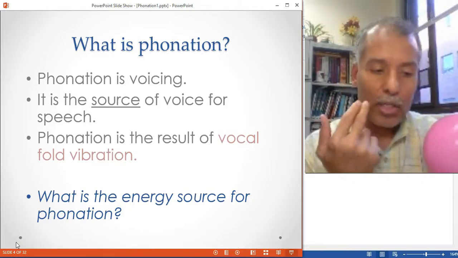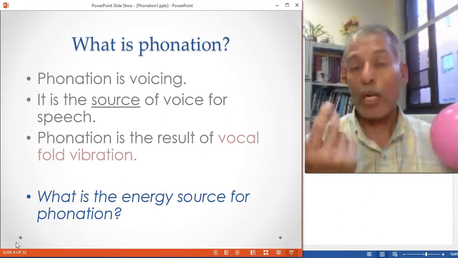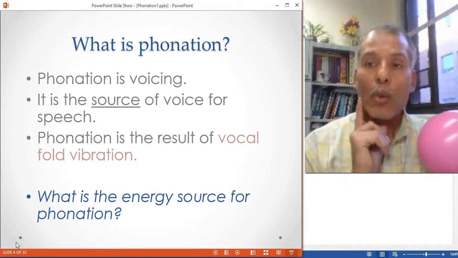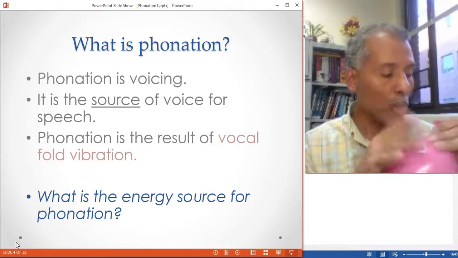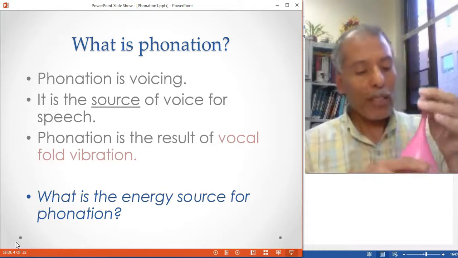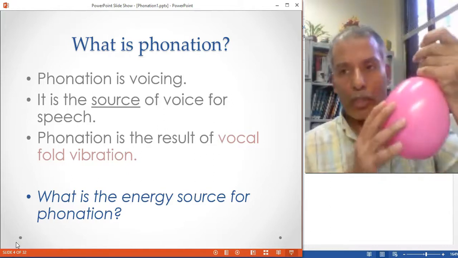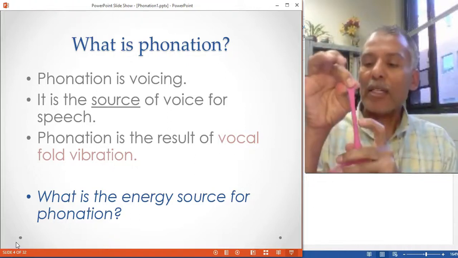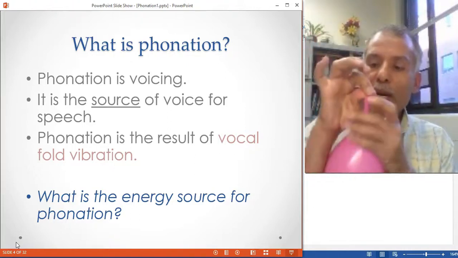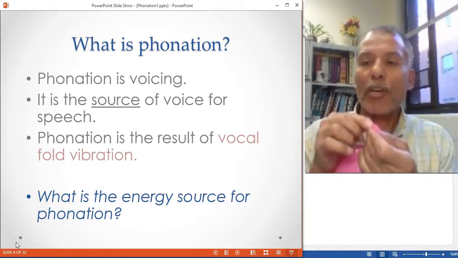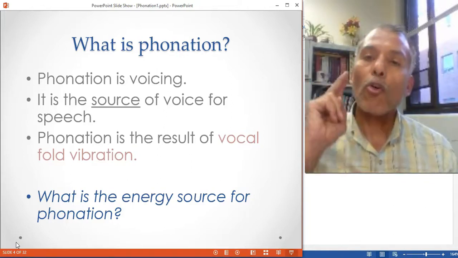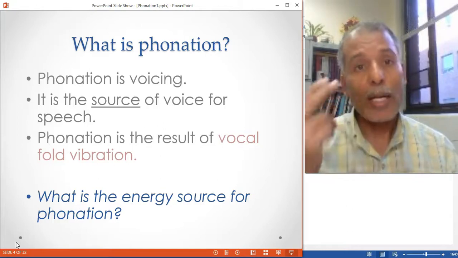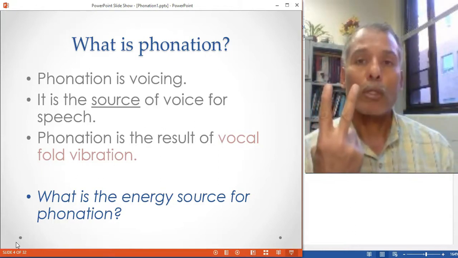And in English, like most languages in the world, we speak with the air as the air goes out. So imagine this is your respiratory system, and your trachea is here, and on top of the trachea is your larynx. Inside of the larynx, the only way that the air can go in and out is between the vocal folds.